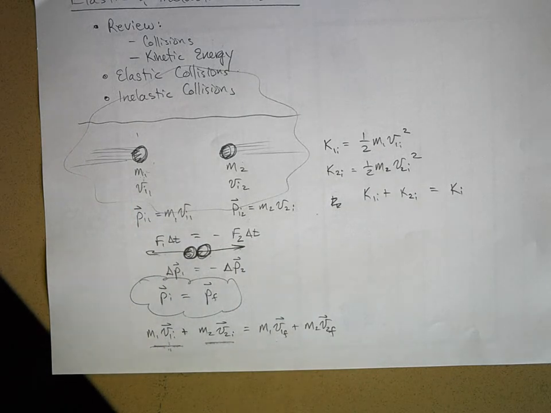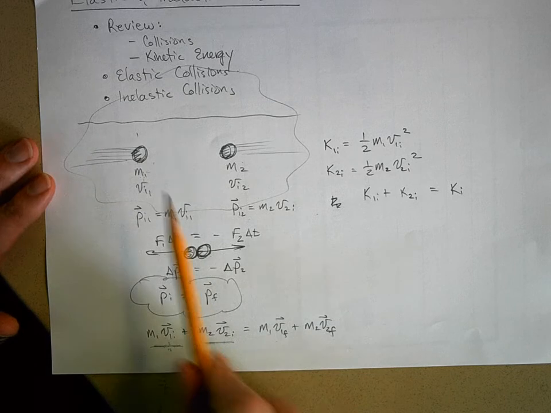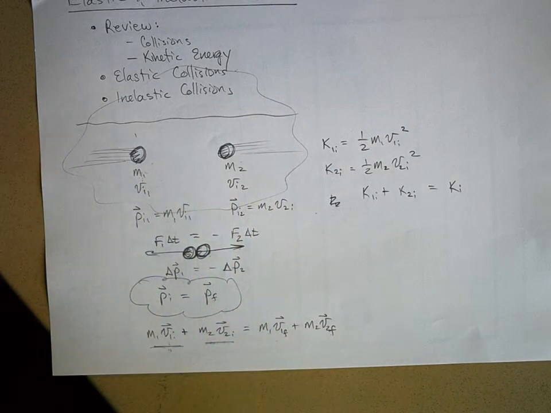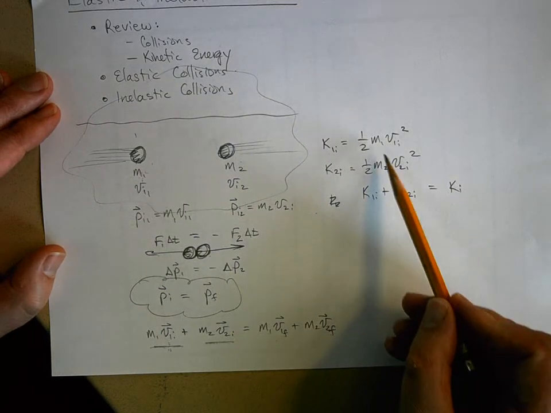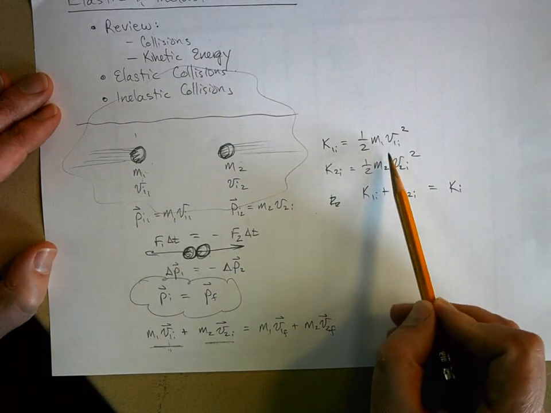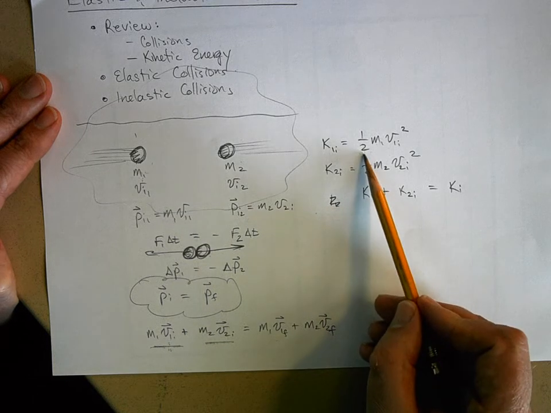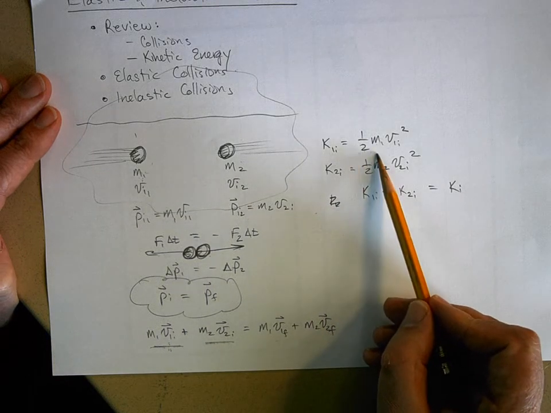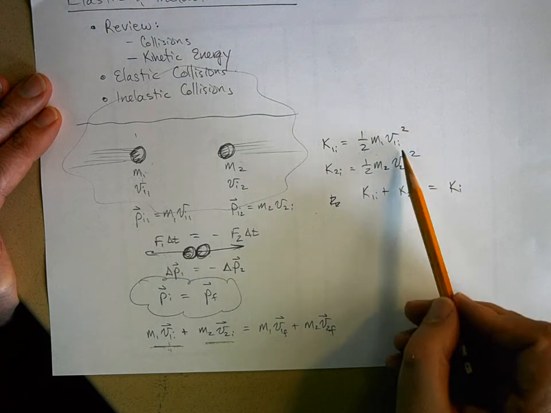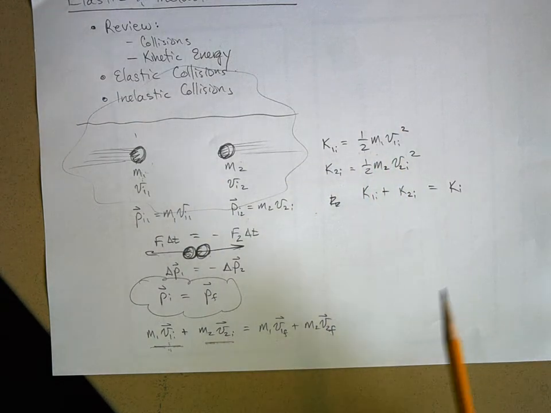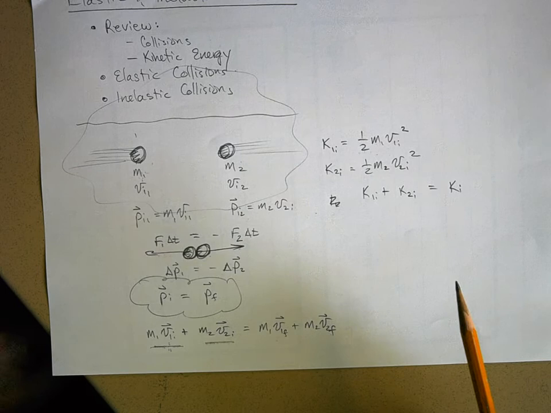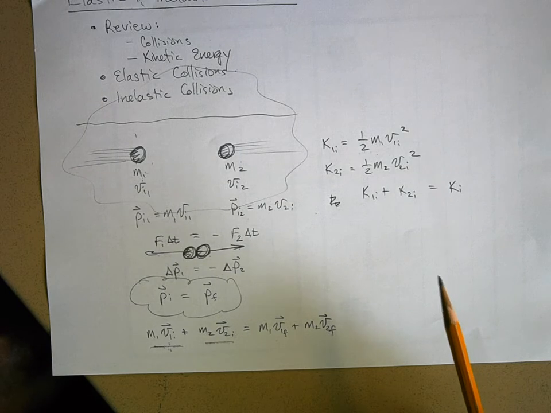Because one's positive, one's negative. Or you can have negative momentum or positive momentum, but that negative or positive refers to the direction of it. But look at these kinetic energy terms. 1/2 mv squared, 1/2 mv squared. 1/2 isn't negative, it's just 1/2. Mass is never negative. No such thing as negative mass. And look what happens to velocity. It gets squared.